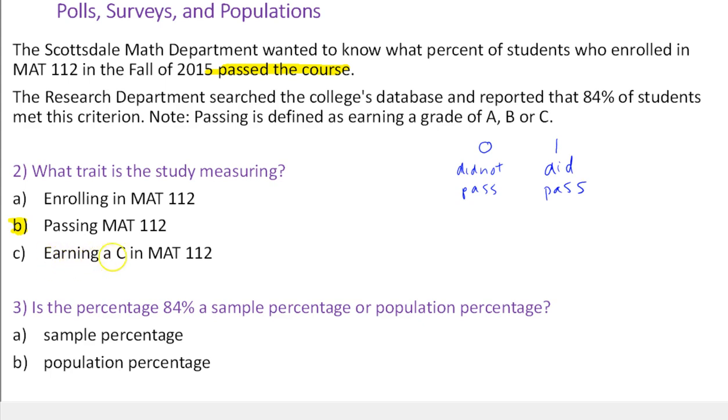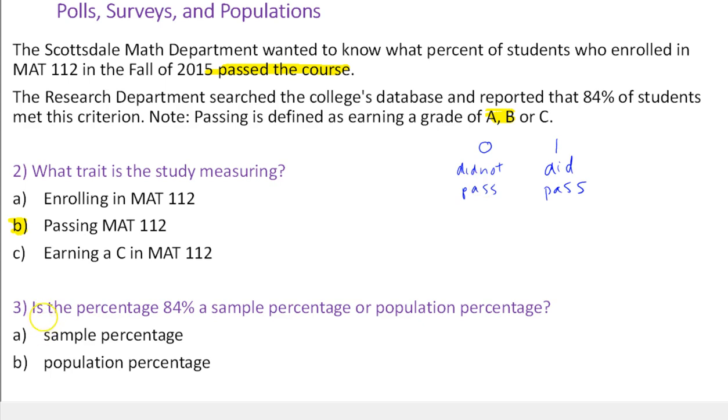C is earning a C in MAT 112. This may seem like a good option because if they earned a C, they pass the course, but this doesn't include all students who pass the course. They also can pass the course if they get an A or a B. So the trait we're measuring is passing MAT 112. If they pass, we include them in the percentage. If they did not pass, we do not.